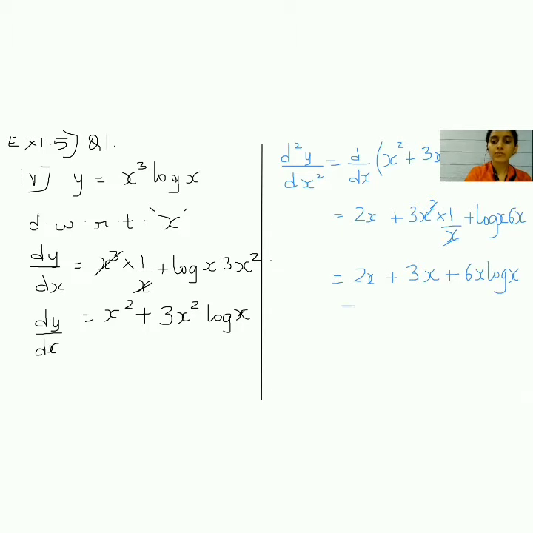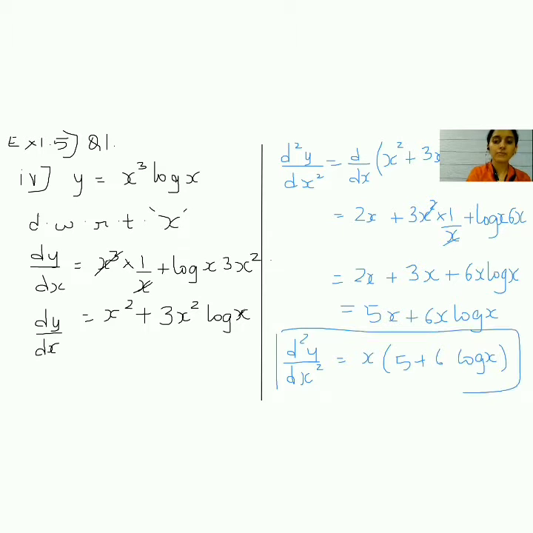Okay, so we have 5x plus 6x log x. So in this we can take x common. So d2y by dx square is equal to x common 5 plus 6 log x, right? So this is our d2y by dx square, correct?